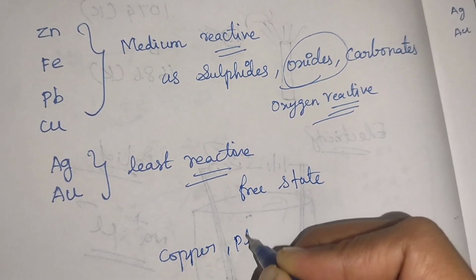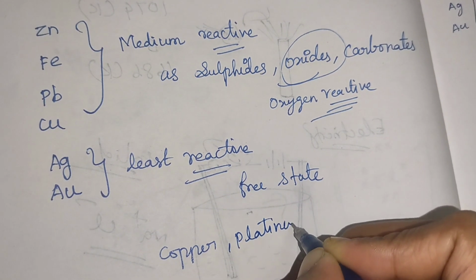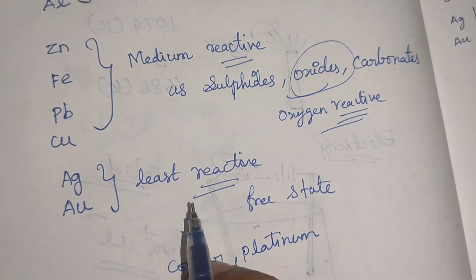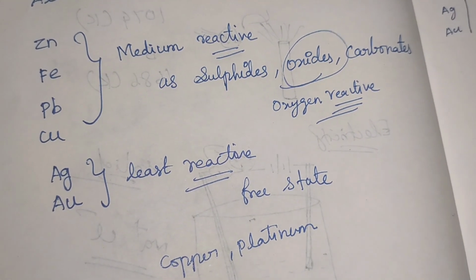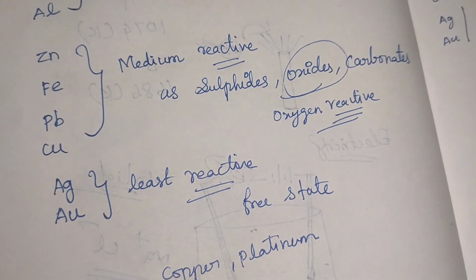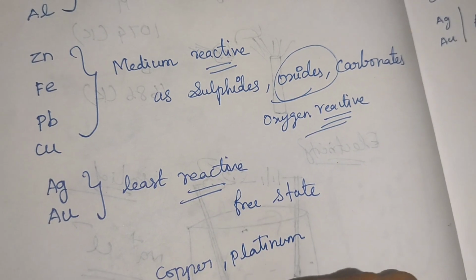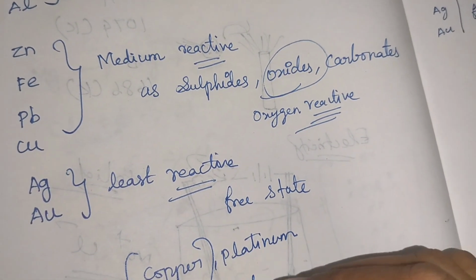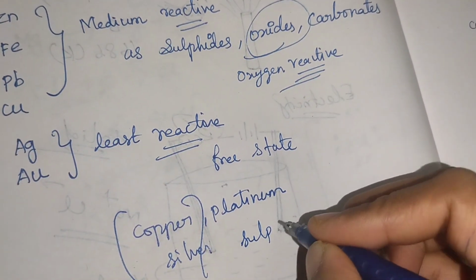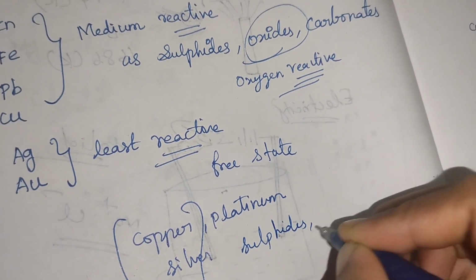These are very least reactive. Copper, silver and others we can also get in the combined state, as their sulfides and oxides.